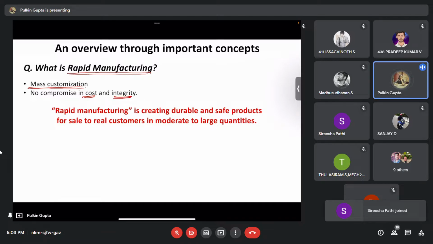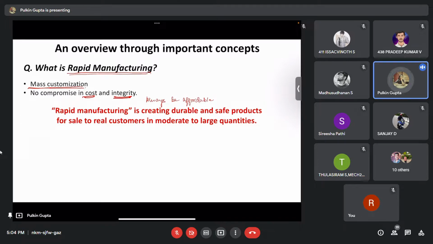So at the same time, when we are customizing things for the customers, we should keep in mind that its cost should not go high, as the product should always be affordable. And it should have the similar kind of strength characteristics as the bulk products have, or the products when they are manufactured in large batches.